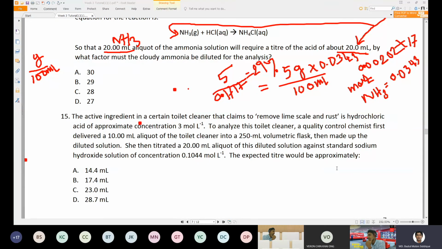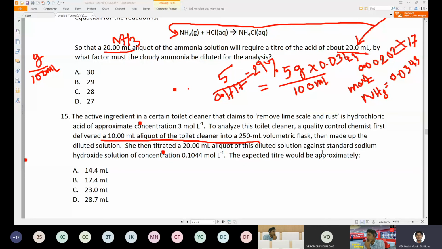From here, since we find the number of moles of HCl, and then in 10 milliliter, it is 25 times diluted, right? It's 25 times diluted, but the number of moles of sodium hydroxide and HCl will be the same.